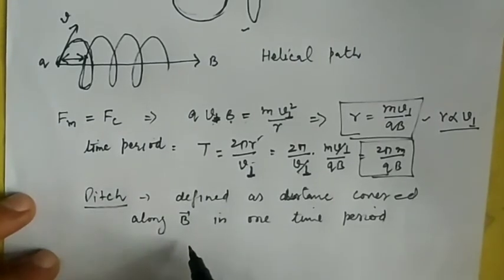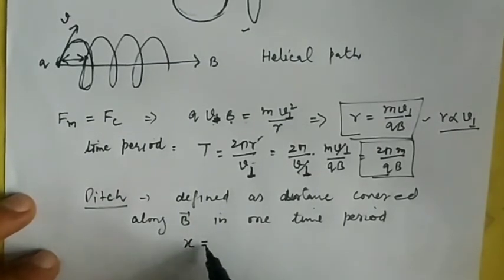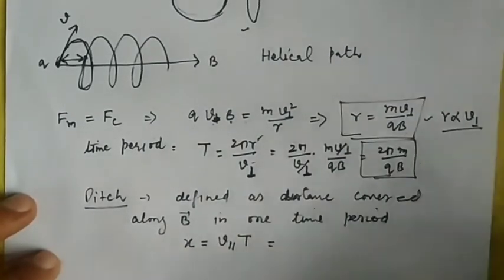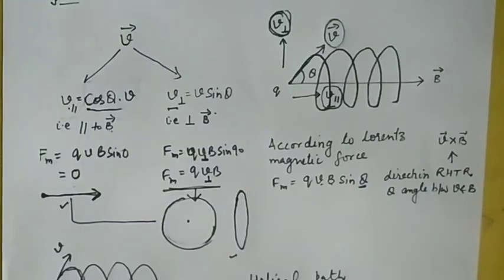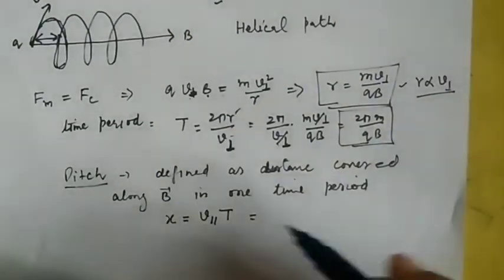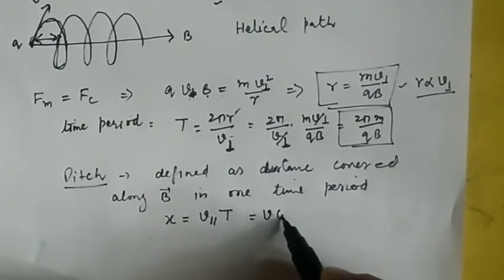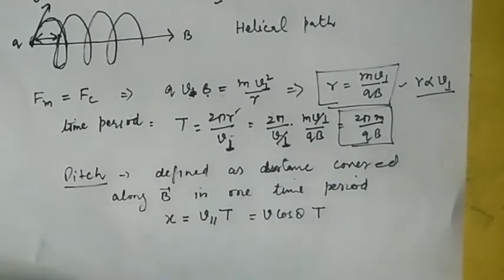Here we can say that distance x is equal to the horizontal velocity times the time period. We know that the horizontal velocity is v cos theta. Put this value, so it becomes v cos theta into time period.